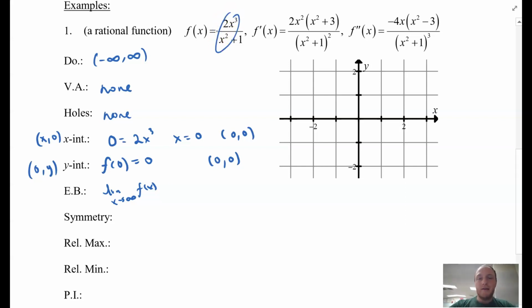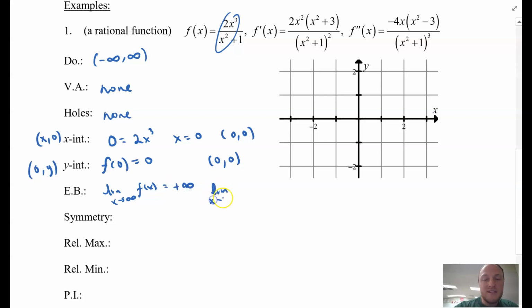So again, this is big over little, which means that there is no horizontal asymptote. We have a slant asymptote. So we're going to have to do some sign analysis to go ahead and see, okay, what happens when I go to infinity. So when we plug this in, we're going to get a positive infinity over a positive infinity. So I know that this is going to positive infinity.